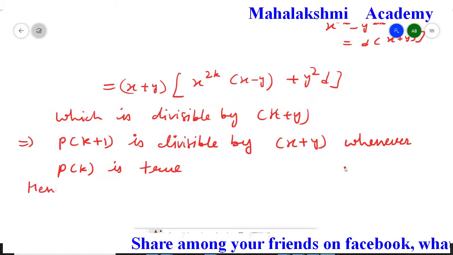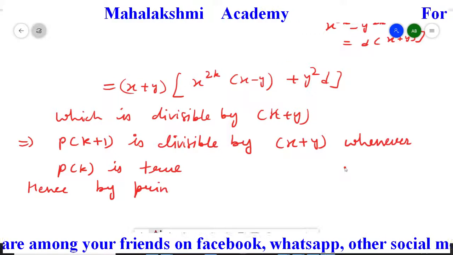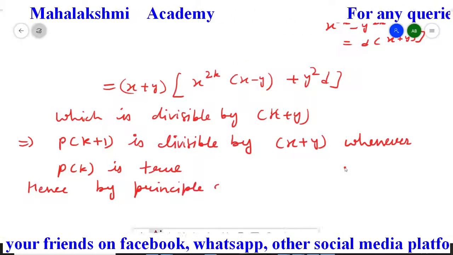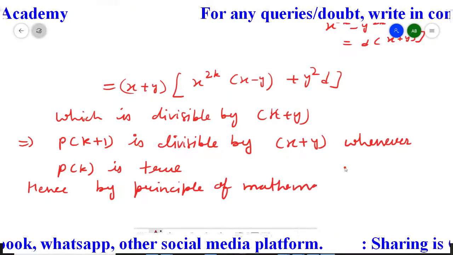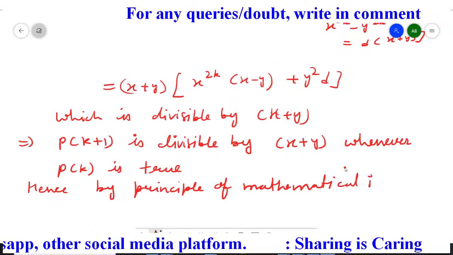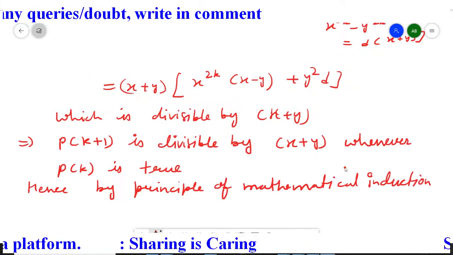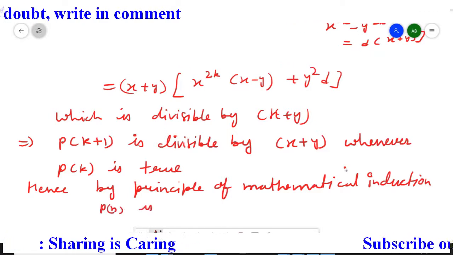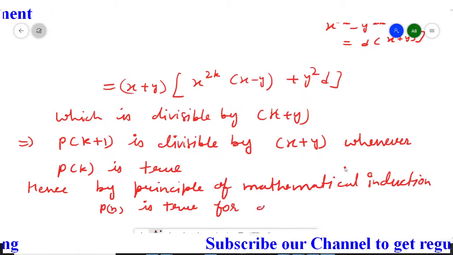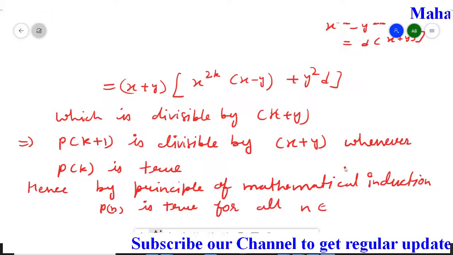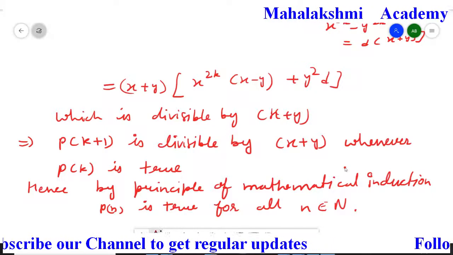So we will write down here, hence by principle of mathematical induction, Pn is true for all n belongs to capital N, that is, for all the natural numbers. So this question is completed.